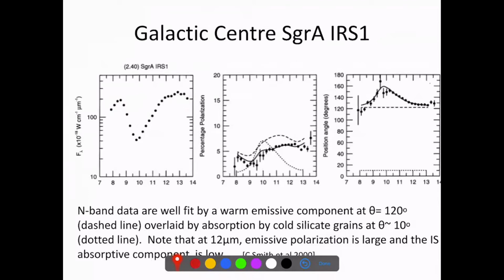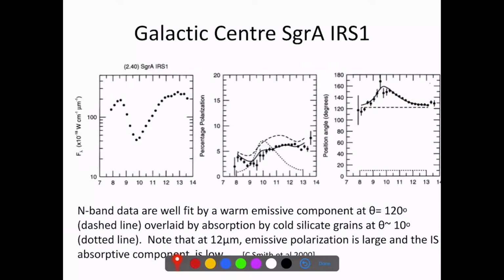Where we look at the position angle of polarization, we now see a pronounced rotation, so that in the deepest part of the silicate absorption, we have position angles moving up towards 180 degrees, whereas in the wings of the feature, the position angle is closer to 120 degrees.